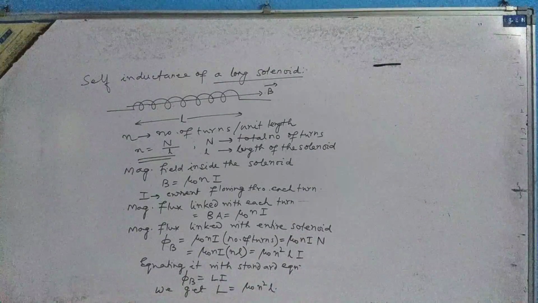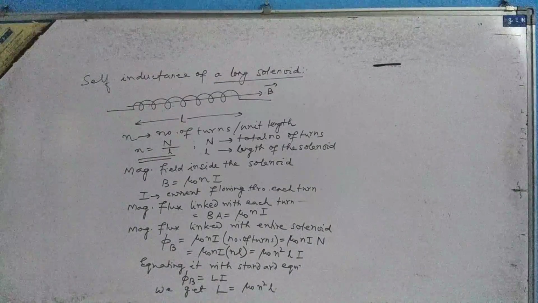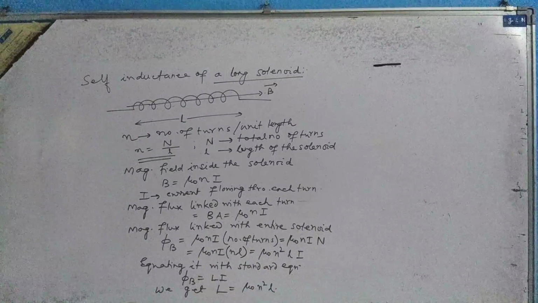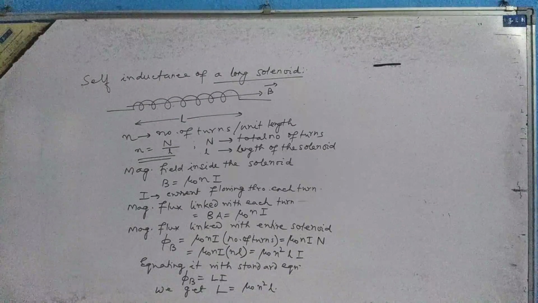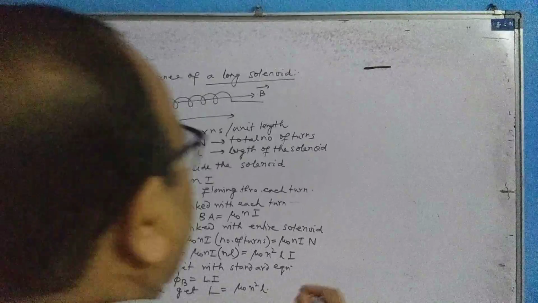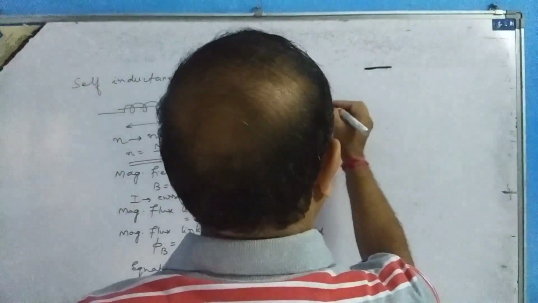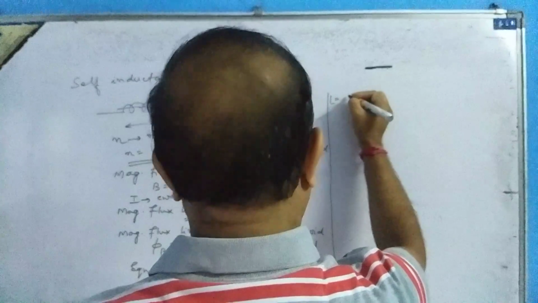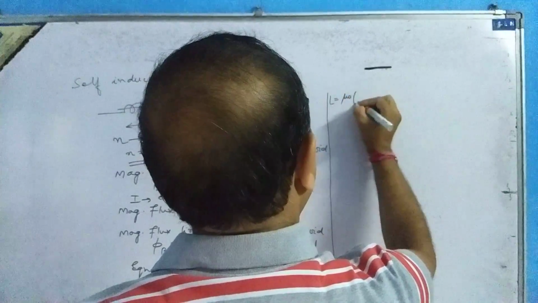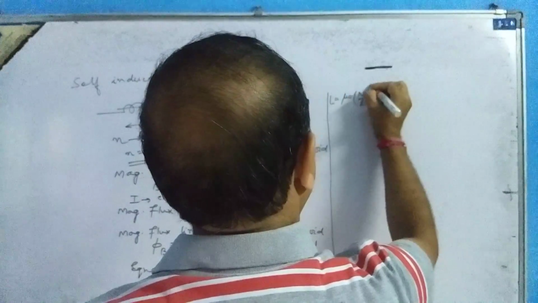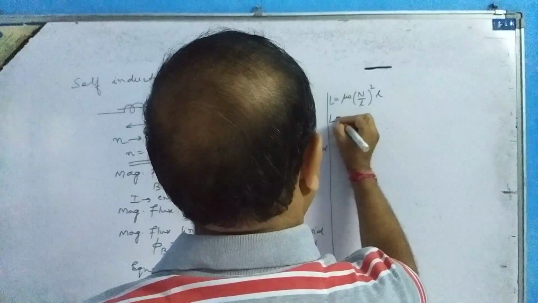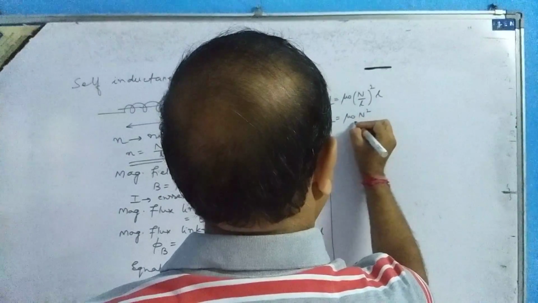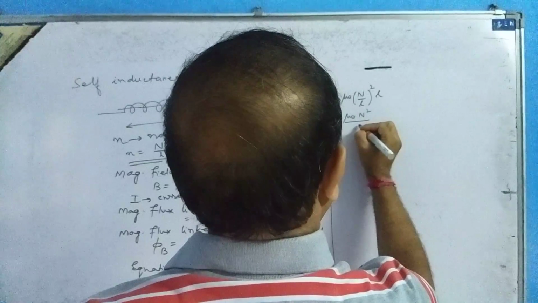We are getting self-inductance to be equal to mu naught n square into L. Very clear. We can also get L is equal to mu naught N by L whole square into L.